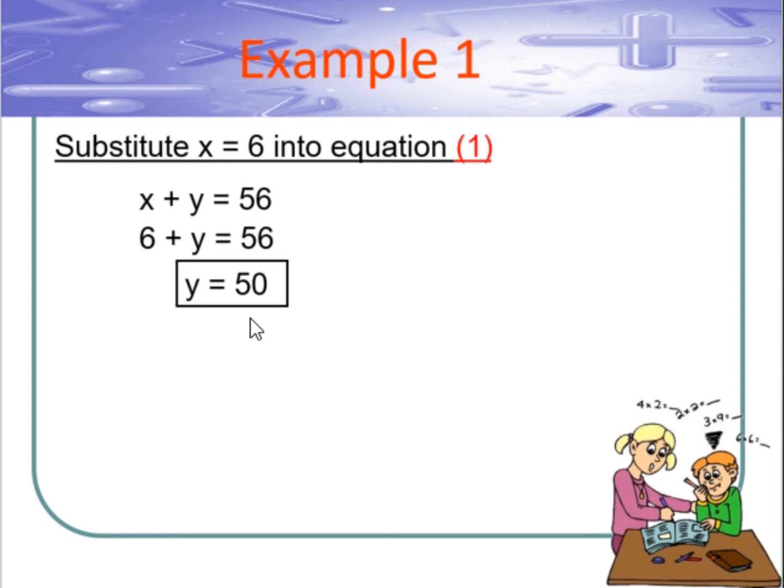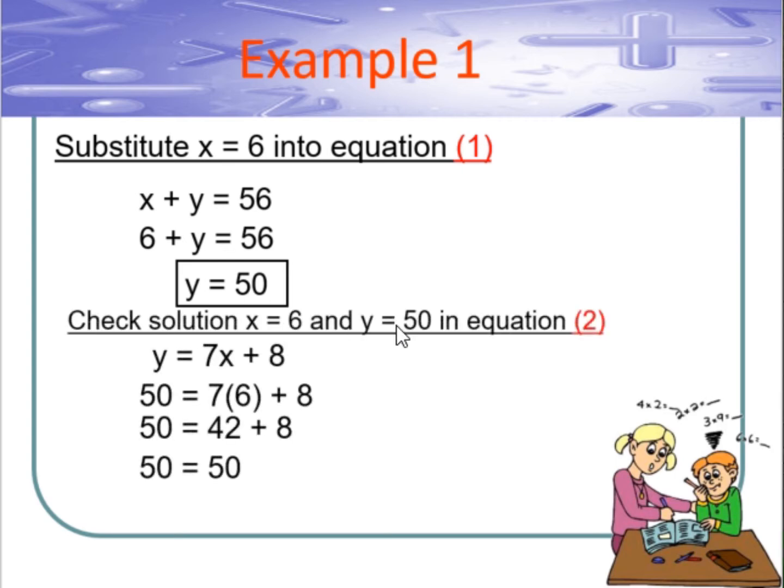Next naman, tingnan natin kung tama yung value na nakuha natin for x and y sa equation 2. Sa equation 2 ay meron tayo na y is equal to 7x plus 8. Papalitan natin yung x ng 6 at yung y ng 50. 50 will be equal to 7 times 6 plus 8.